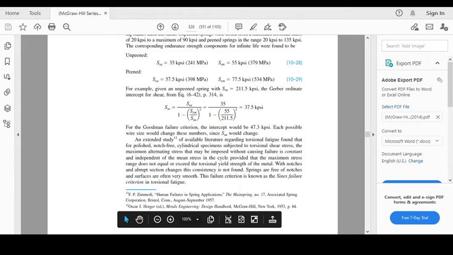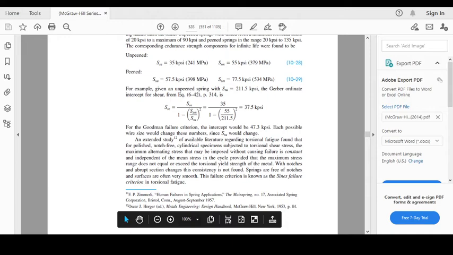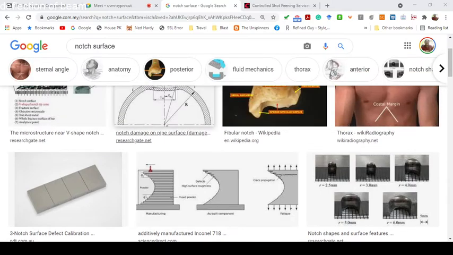First, you must know what a notch means.